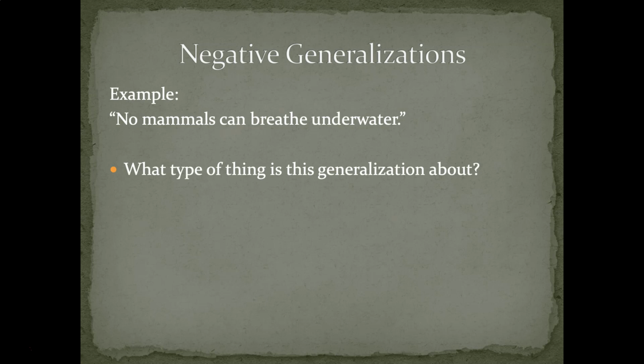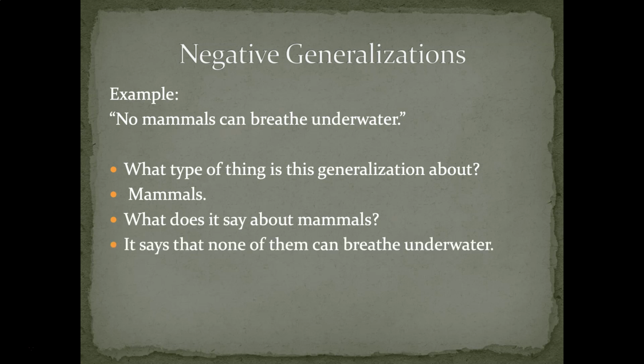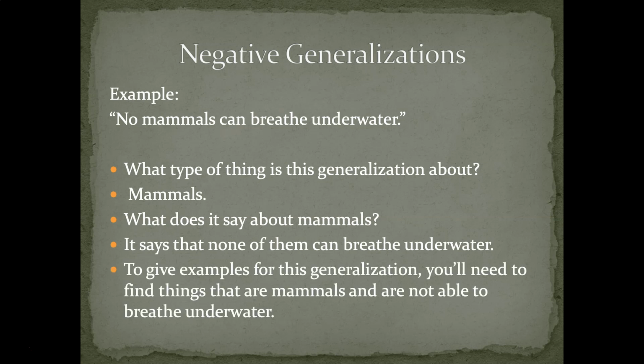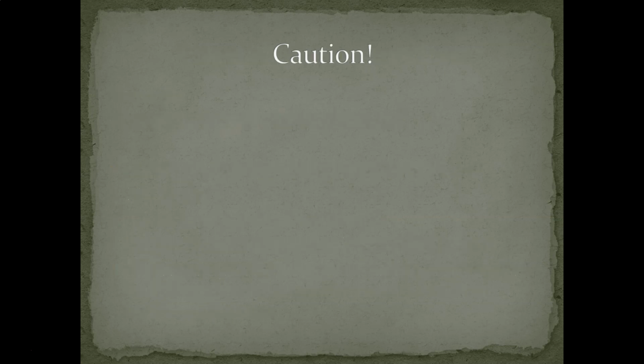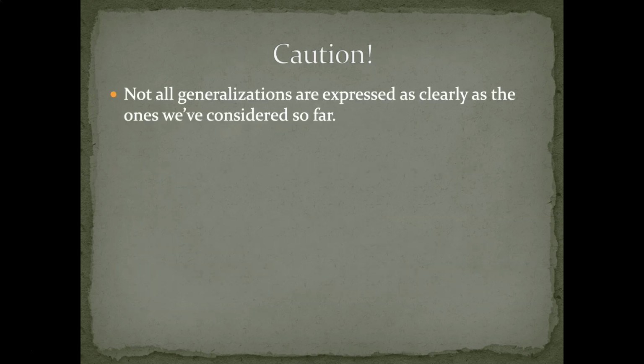What type of thing is this generalization about? Well, mammals, of course. And what is it that it's saying about them? Well, it's saying that none of them can breathe underwater. To give examples for this generalization, you need to find things that are mammals and that are not able to breathe underwater.